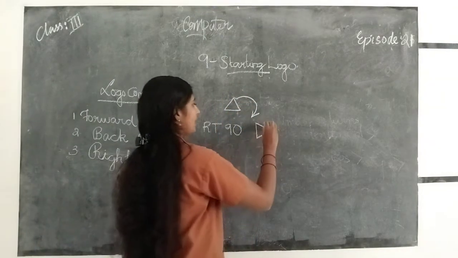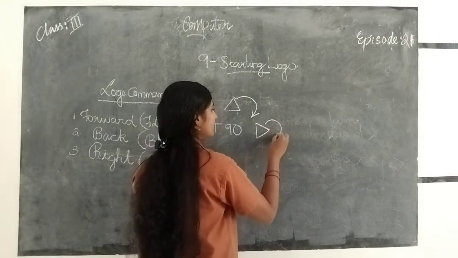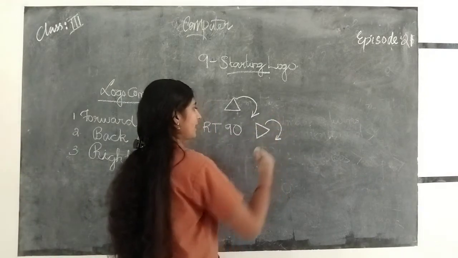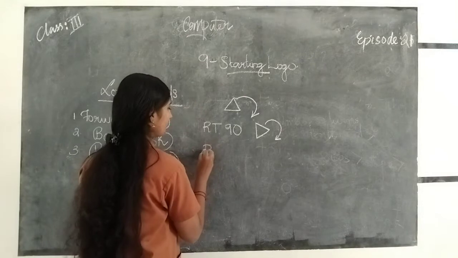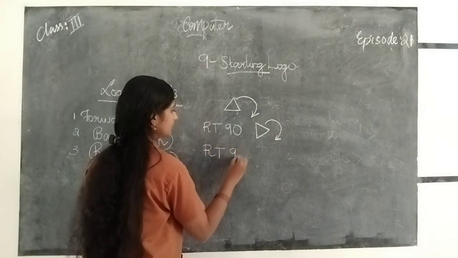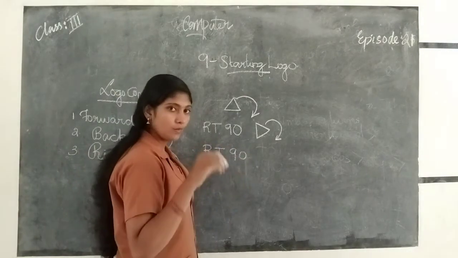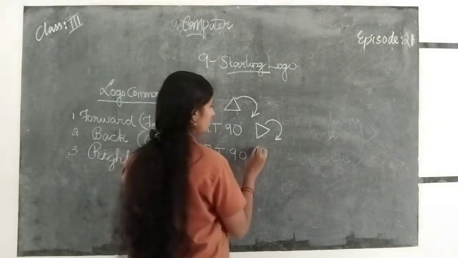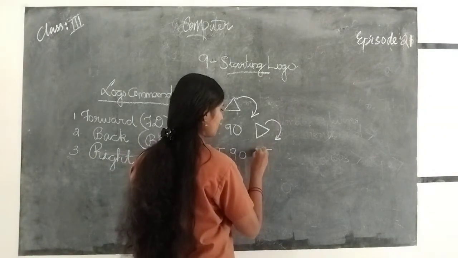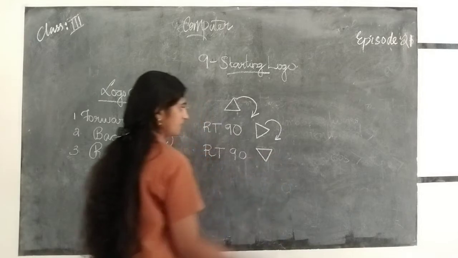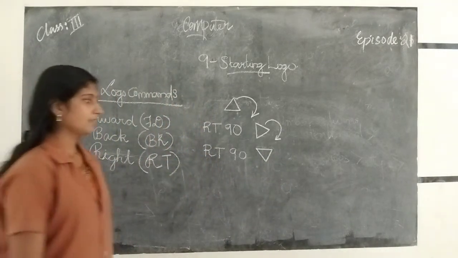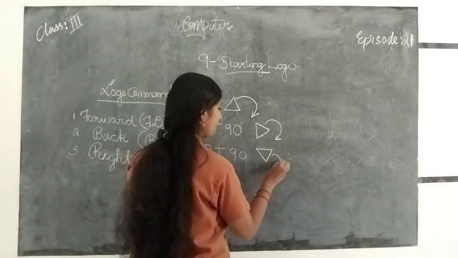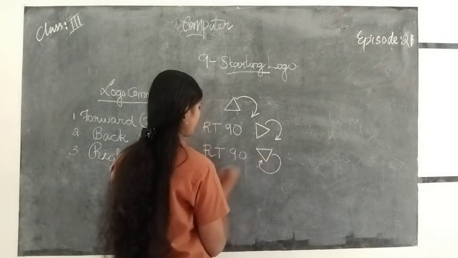Then again, if we apply this command again, what happens? It will turn to the right direction with an angle of 90 degrees. So this is the result. Then next, if we turn again, what happens?